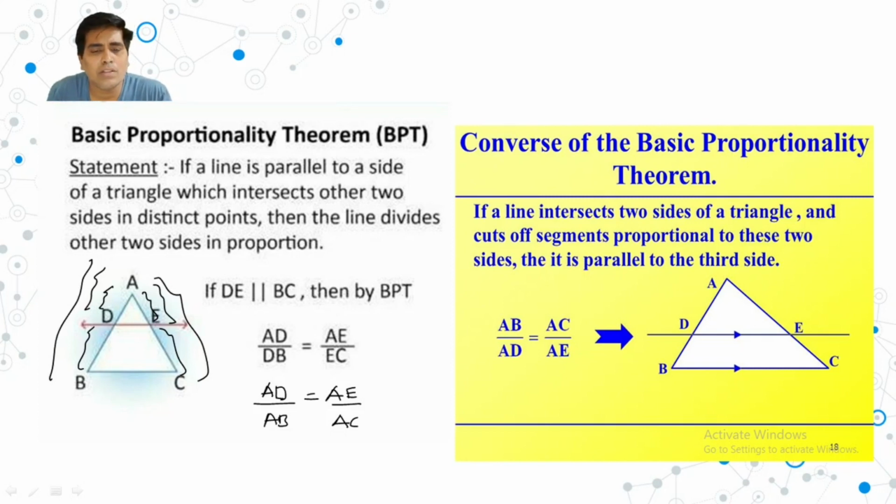First you have to learn this one. Now I'm taking exactly the reciprocal of this one, the second part reciprocal. So AB by AD is equal to AC by AE. This is also known as the basic proportionality theorem.